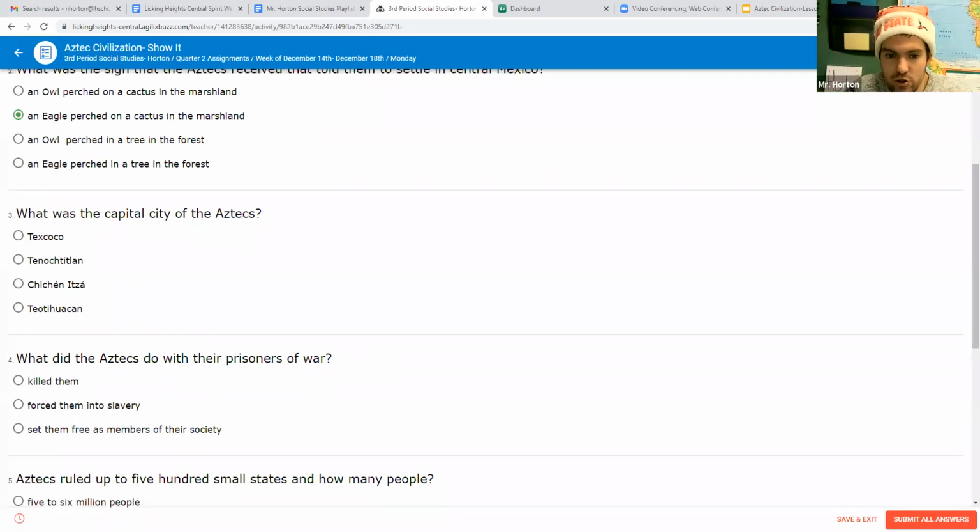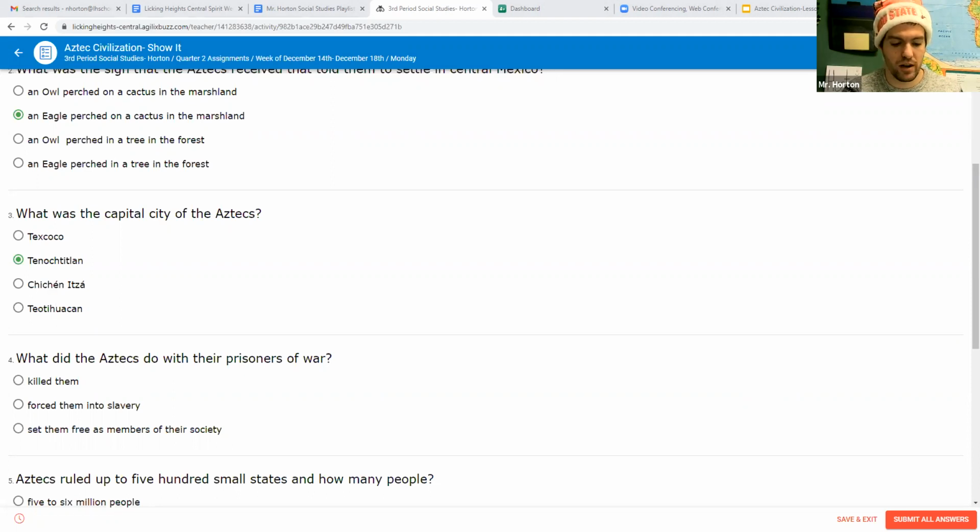Make sure you're selecting the correct answer here because it's pretty close in spelling. That's the capital city of the Aztecs, Tenochtitlan. It's on Lake Texcoco, but the capital city is actually known as Tenochtitlan. So Tenochtitlan is going to be your answer for number three.